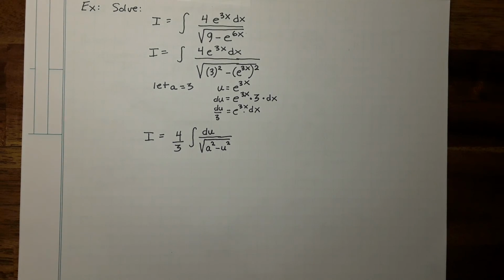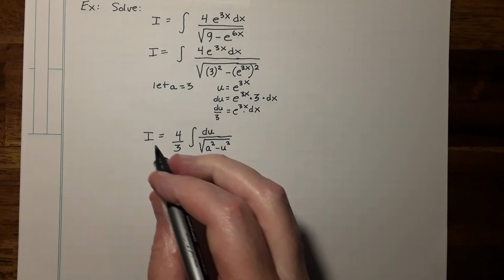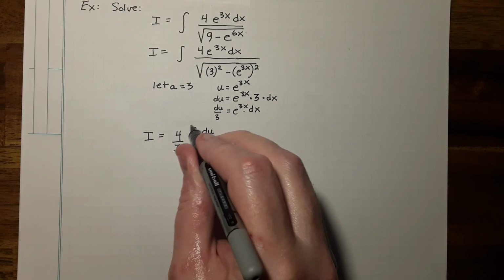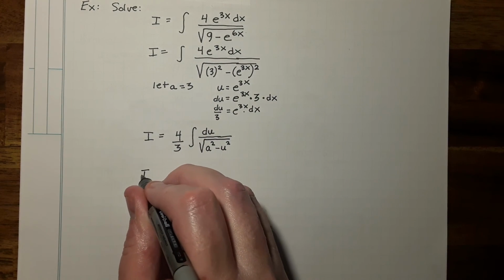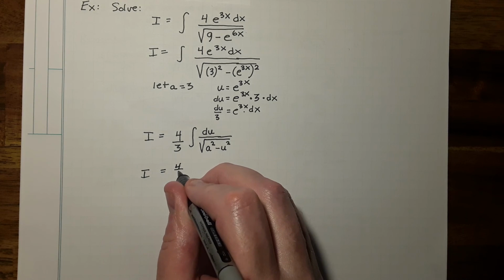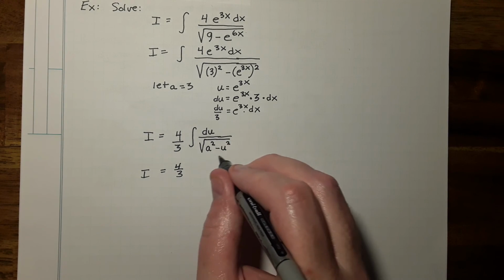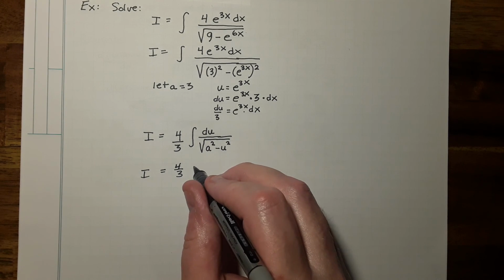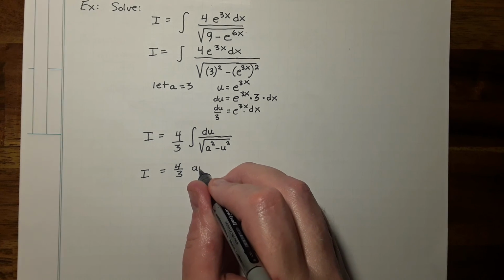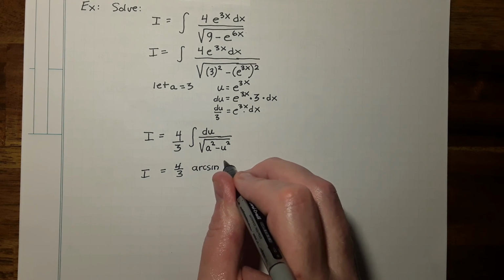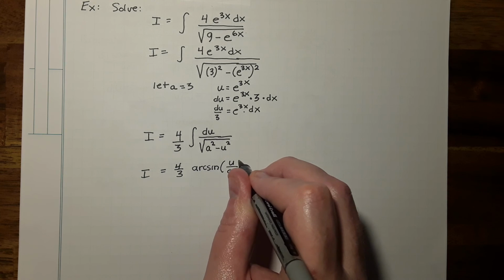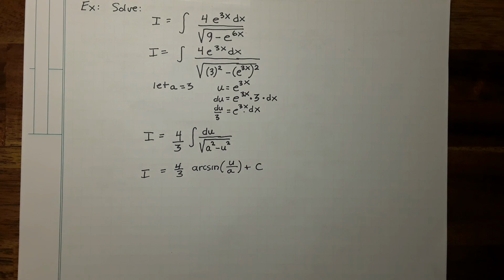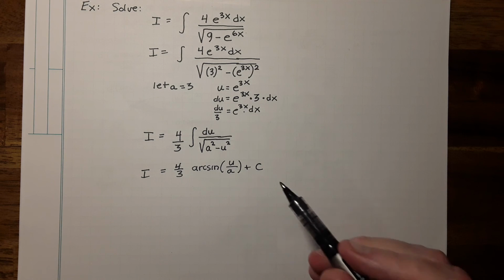By just doing a simple substitution, this has led to a standard form. This is the form that leads to inverse sine. So I can immediately go from this to the solution. The answer for the integral of du over the square root of a squared minus u squared is arcsine of u over a plus c. My function is now solved. I've solved the integral.